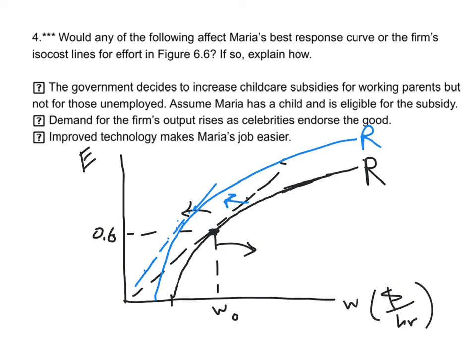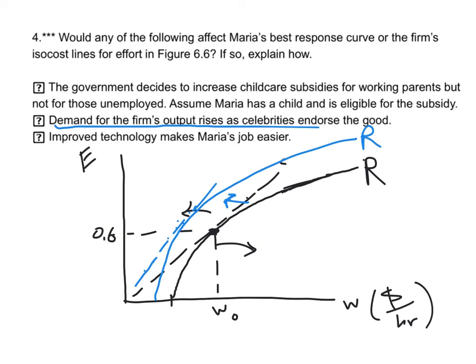All right, and then this next one's the tricky one. The demand for the firm's output rises as celebrities endorse the good. Well, that means the firm's revenues are going up, right? Price, quantity go up. We'll do some Chapter 7 problems to show exactly how that works. But for a profit-maximizing firm, profits are total revenue minus total costs.